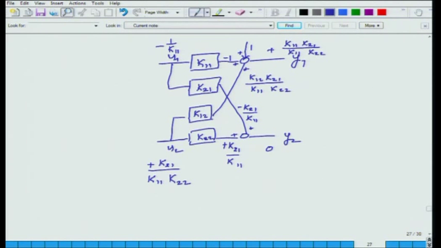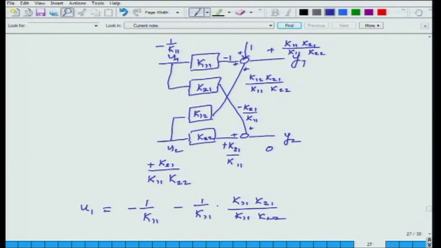if I look at u1, after the disturbance came in, the first value that I gave it was minus 1 by k11. Then y1 deviated after I had done adjustments to u2 by k12 k21 divided by k11 k22. In order to bring this to 0, I will have to make a change of minus 1 by k11 times whatever was the deviation, k12 k21 by k11 k22.